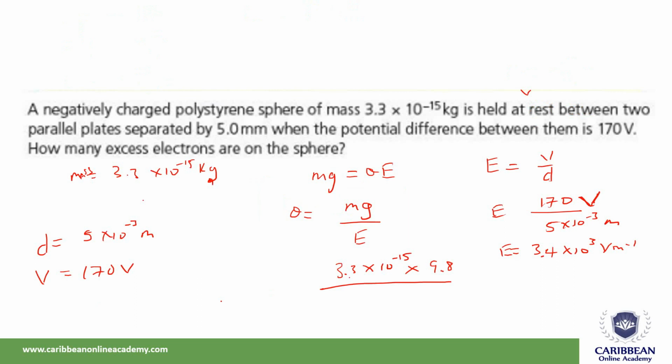So this is just a typical question related to the same Millikan experiment. It might not tell you Millikan, but there are certain things that you must look out for. It says that a negatively charged polystyrene sphere of mass 3.3 times 10 to the minus 15 is held at rest between two parallel plates separated by 5 millimeters, where the potential difference between them is 170 volts.